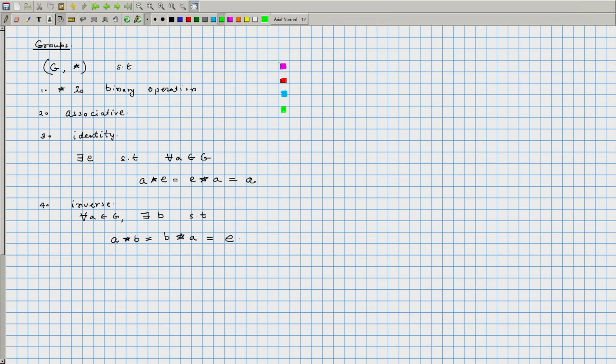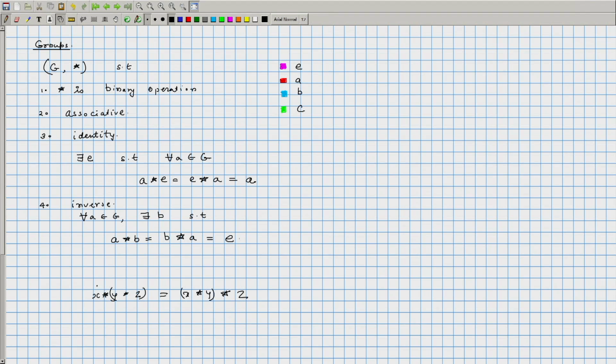So, this was our special color which will do the role of E or the identity, and let us call these A, B and C, and you can check that for any 3 elements, let us say x, y, z, x star y star z is equal to x star y star z.